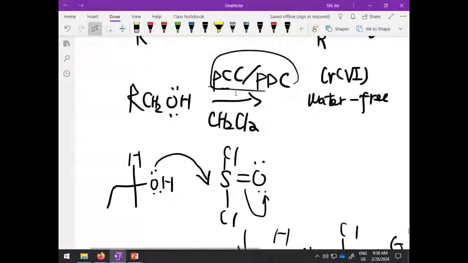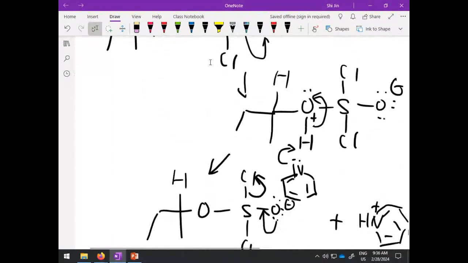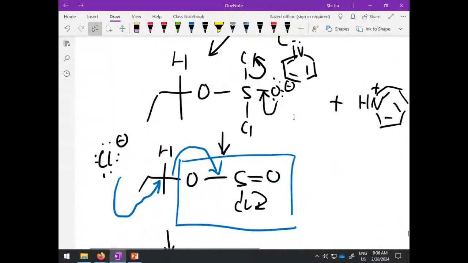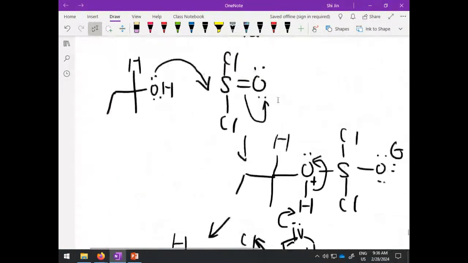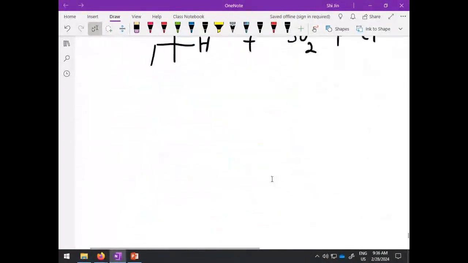We actually saw this reaction in organic one. Here we just went through the mechanism again, with some details you probably haven't seen before, like the addition to the SO double bond, then restoration of the SO double bond. This is very similar to the carbonyl group.